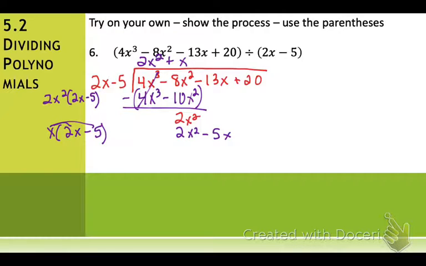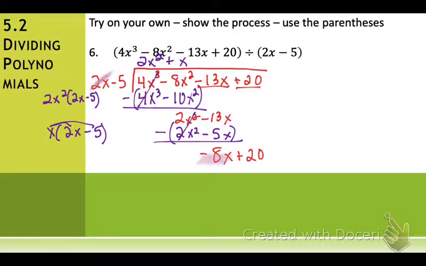Oop, forgot to bring this minus 13x down, huh? Alright, and subtract. And cancel. Negative 13 plus 5, going to be negative 8x. And bring down the plus 20 and start again.